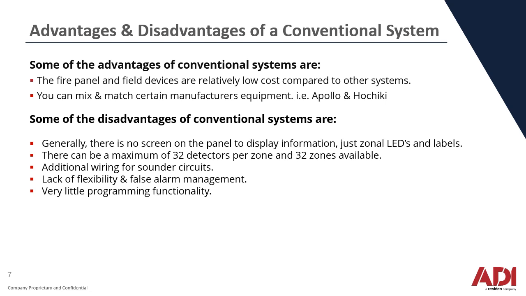Some of the disadvantages of conventional systems are: generally, there is no screen on the panel to display information, just zonal LEDs and labels. There can be a maximum of 32 detectors per zone, and 32 zones available, additional wiring for sounder circuits, lack of flexibility and false alarm management, and very little programming functionality.